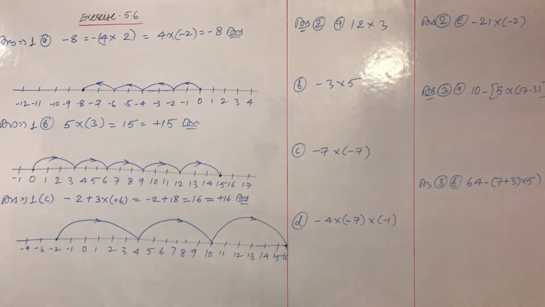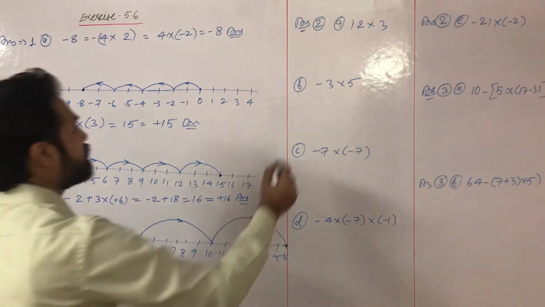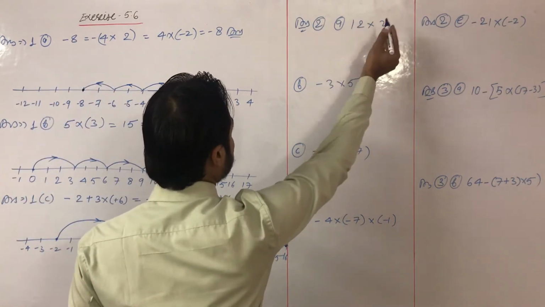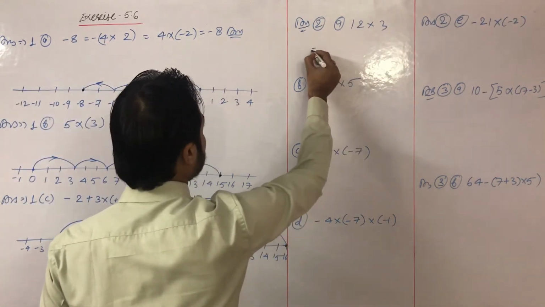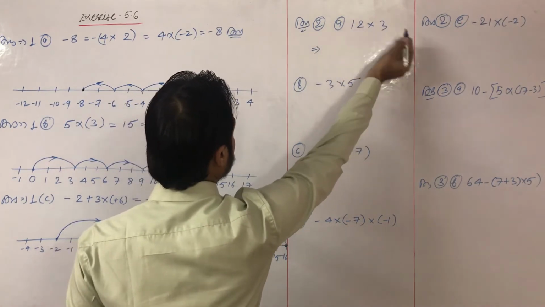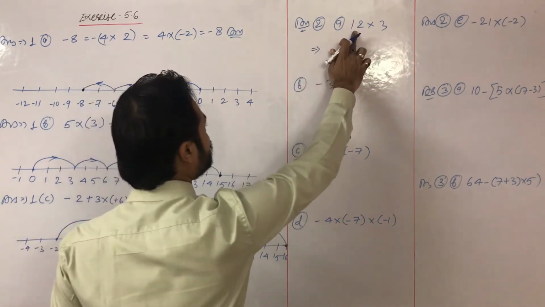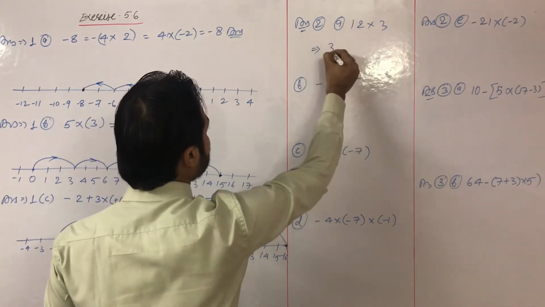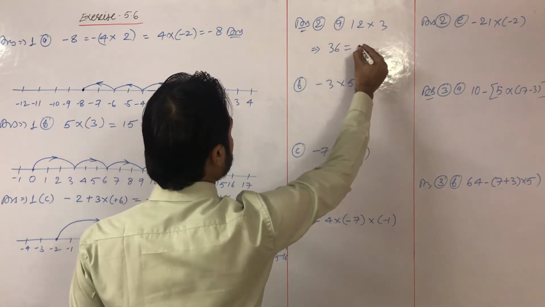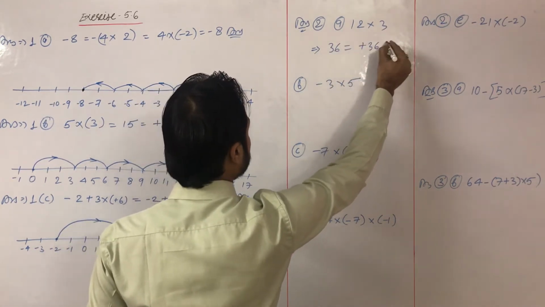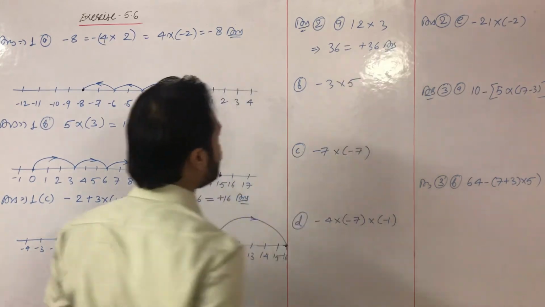So these are all problem statements. Simplify first. 12 into 3. Here, first number is a positive integer, second number again is a positive integer. So positive into positive will be a positive number, and we know that 12 into 3 is 36. So 36 or plus 36 is our answer.